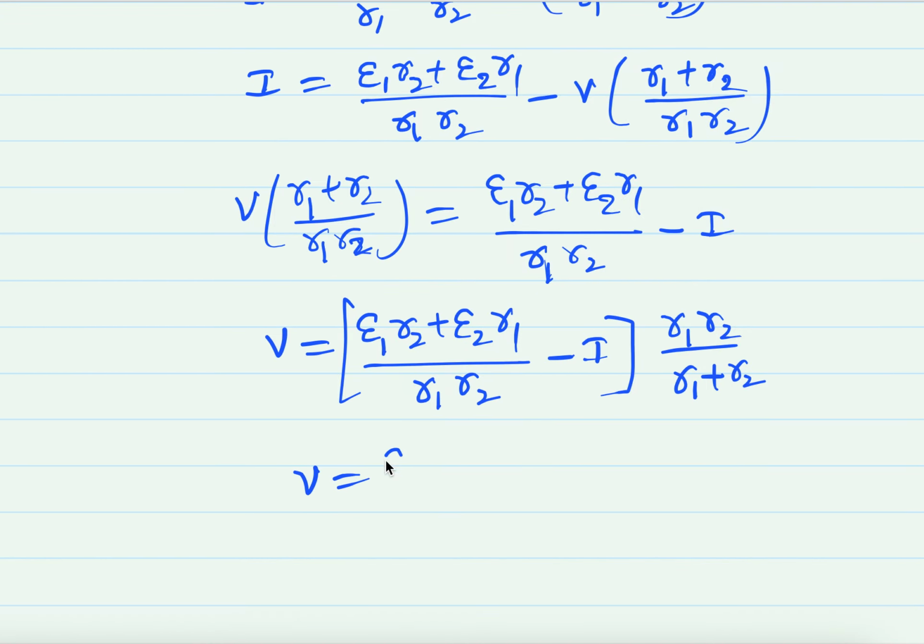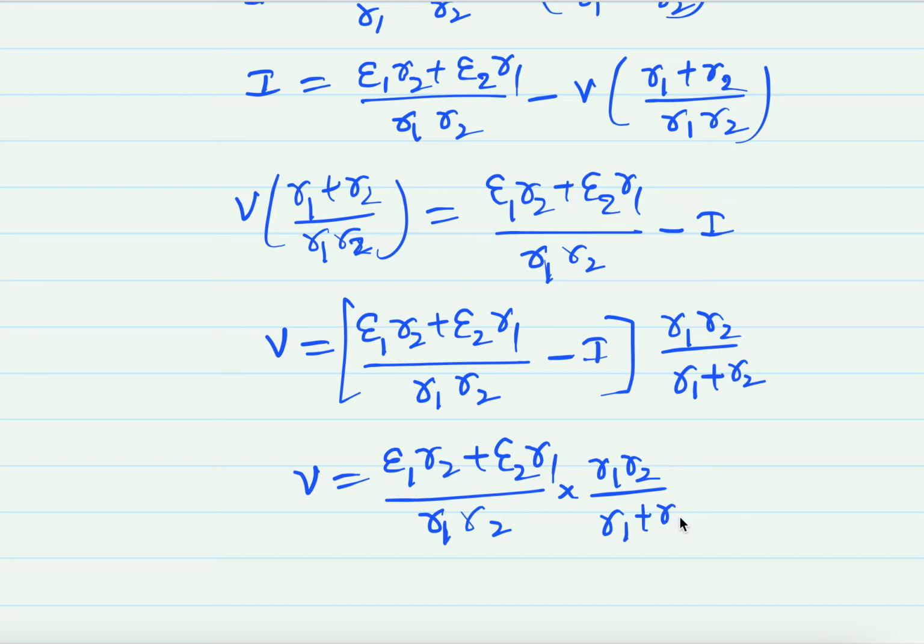So V is equal to (E1 R2 plus E2 R1) by R1 into R2 into R1 R2 by (R1 plus R2), minus I into R1 R2 by (R1 plus R2).